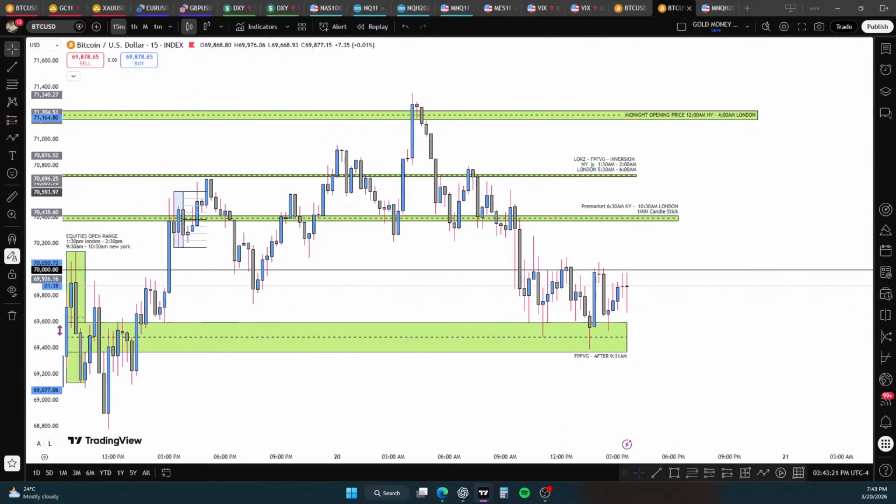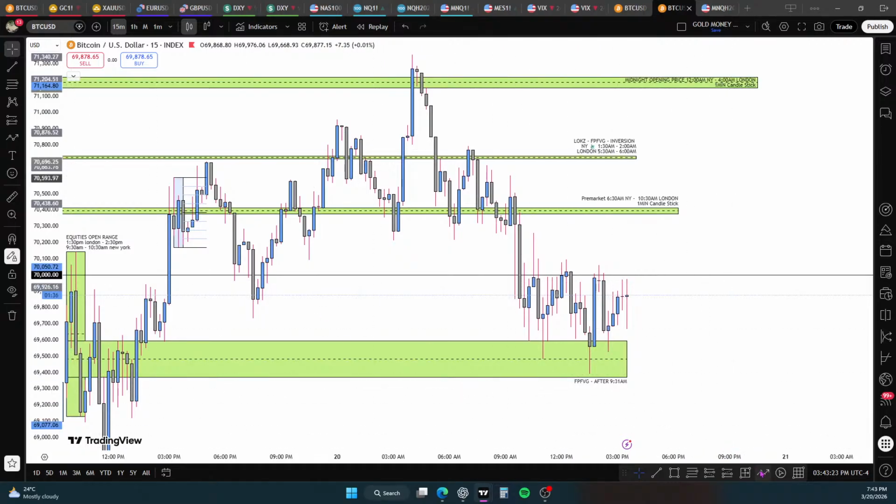So I think my three drives pattern is going to be established from this wick high or maybe this candle high, okay, down to this low. That would be the first drive. Second drive is going to be here to here, and the third drive is going to be this low to here. Okay, well, just this low in general.